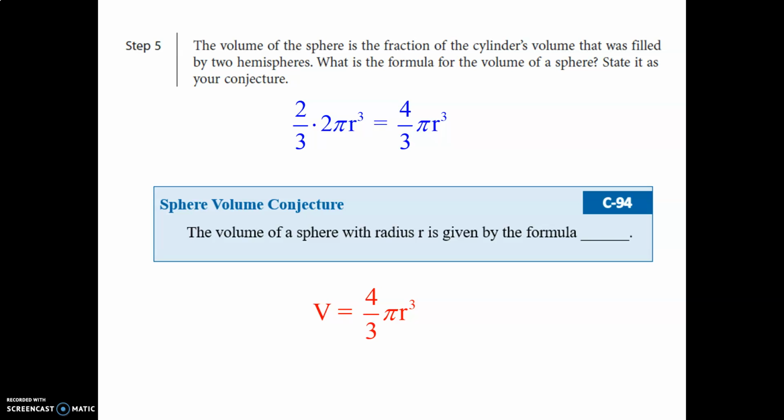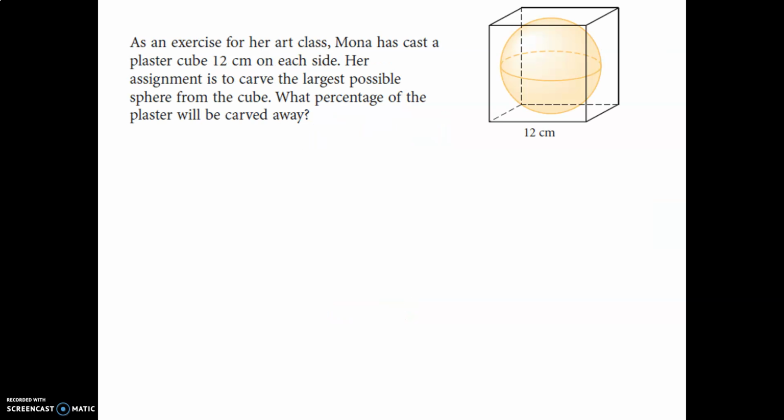You can see the other way that they show of how to get this formula that the volume is 4/3 pi r cubed. It's pretty cool. If you have a chance, look at that. So Teams, Files, Videos for Chapter 11, and then Geometry 11.6. It's pretty cool.